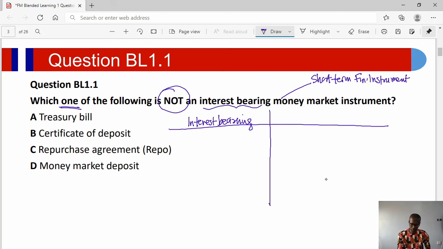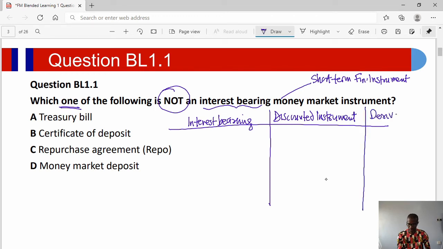Then we have the last one that you also need to review, which will be derivatives.